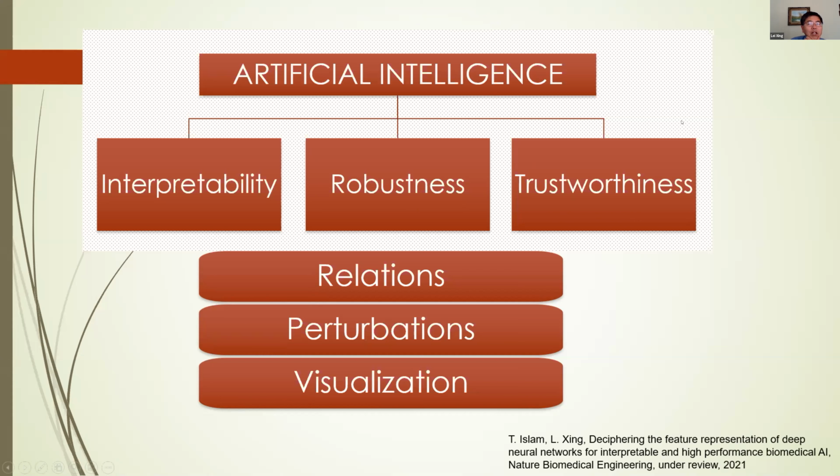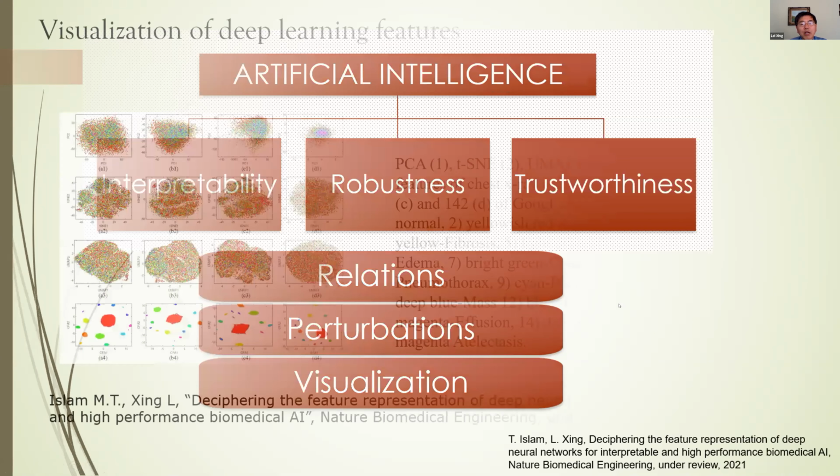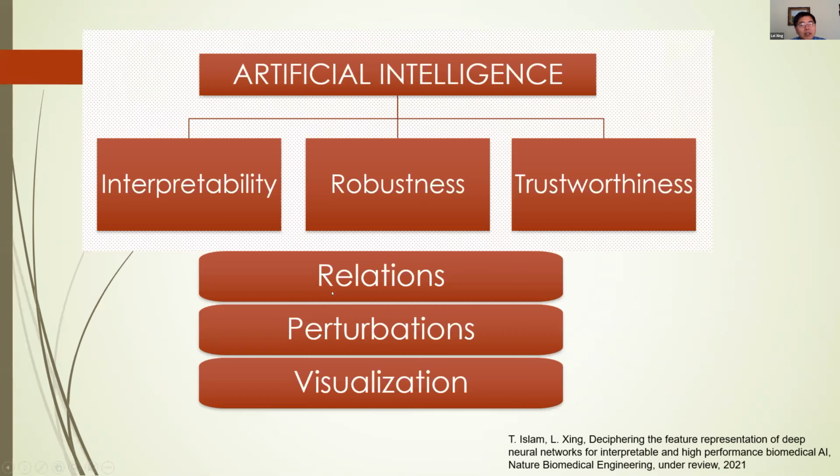I think one of the very important questions is how do you trust the AI model, right? That's interpretability, robustness, trustworthiness. It's very important. We have done some work recently along this line, and basically there are 3 types of approach to enhance robustness, or to understand a deep learning model.